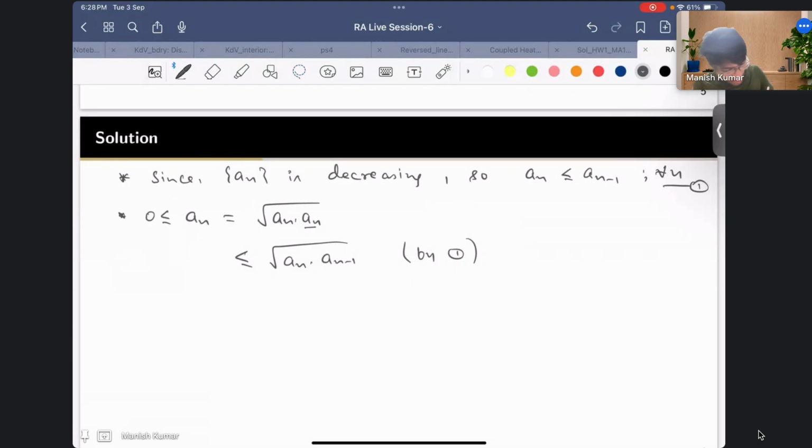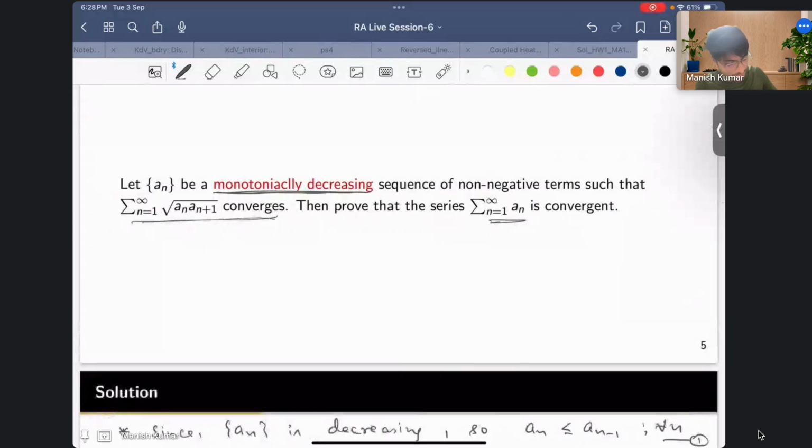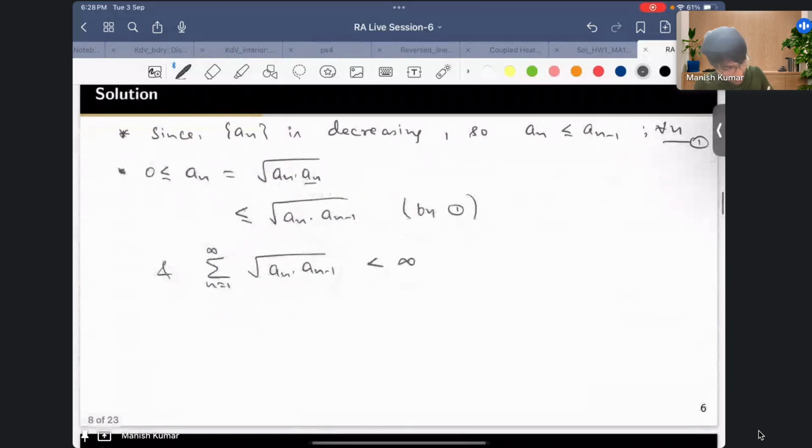And you know that the summation of an times a(n-1), where n is from 1 to infinity, is convergent. This you know because it's given to you. So this is convergent, and by the comparison test, the summation of an is convergent.